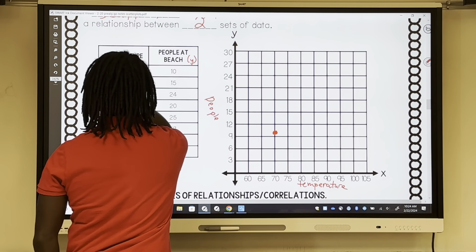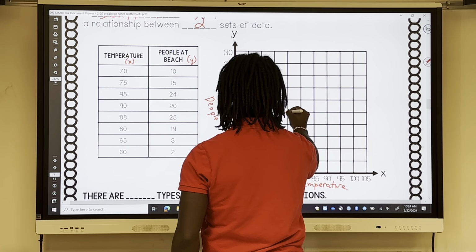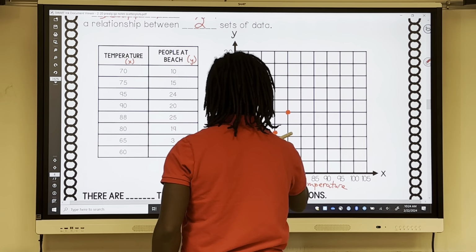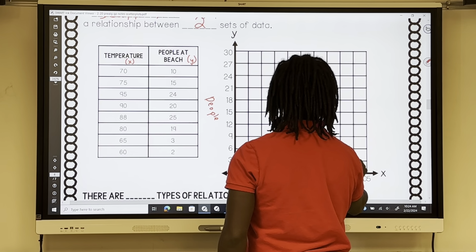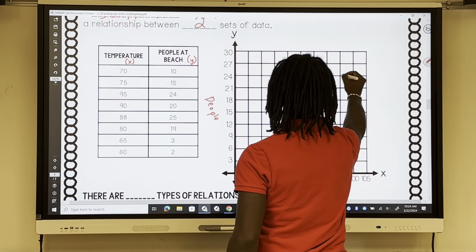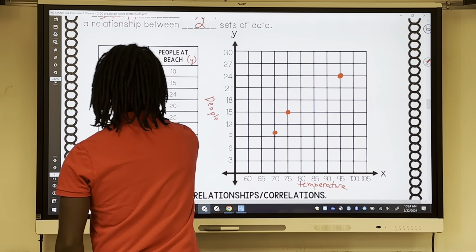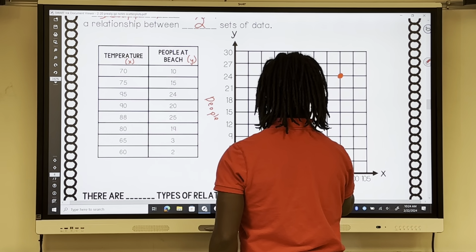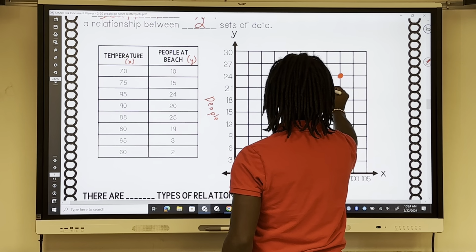Okay, then we go 75, 15, about there. 95, 24, so 95 up to 24, we got a dot there. 90 to 20, so 90 up to 20, is about there.